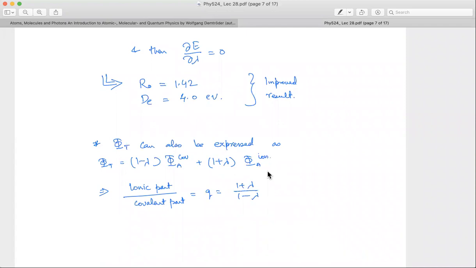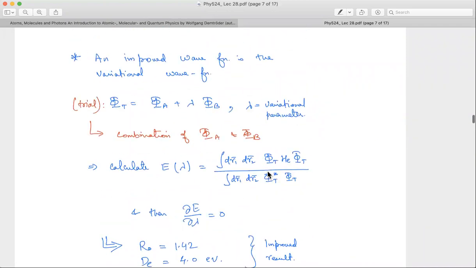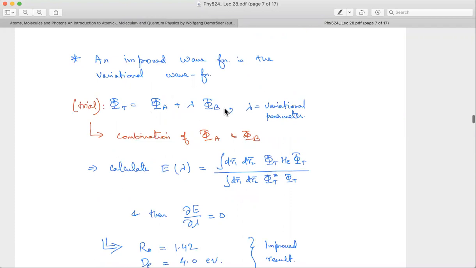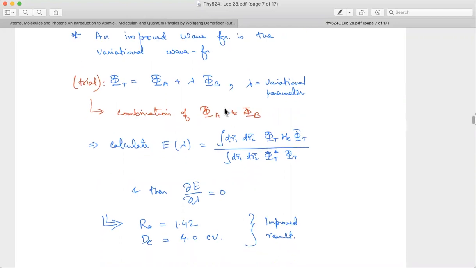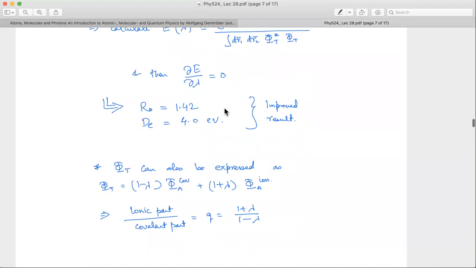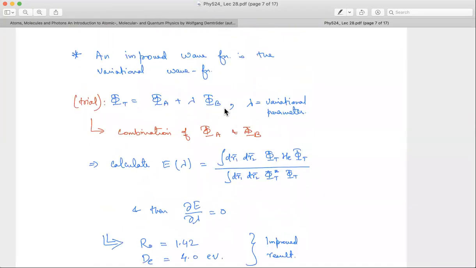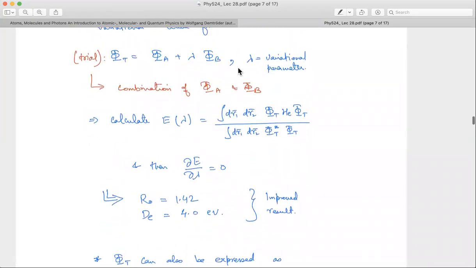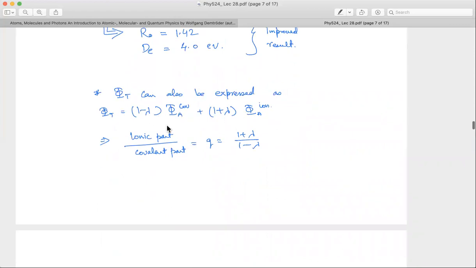This is an exercise: you start with the wave functions phi A and phi B, you know their physical forms in terms of phi G and phi U, you multiply them, and then show that you can write this trial wave function in this particular form. That's an exercise for you.